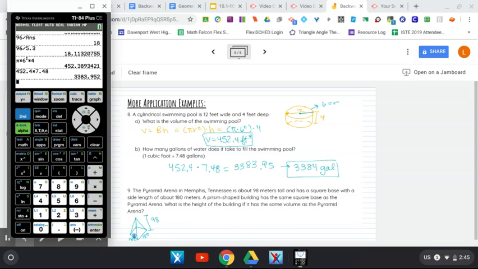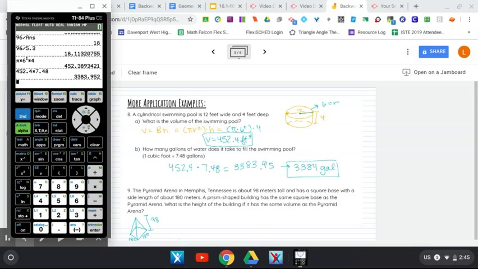A prism-shaped building has the same square base as the Pyramid Arena. So there is a prism-shaped building somewhere with the exact same base as the Pyramid Arena. What they want you to do is figure out what is the height of the building if it has the same volume as the Pyramid Arena?